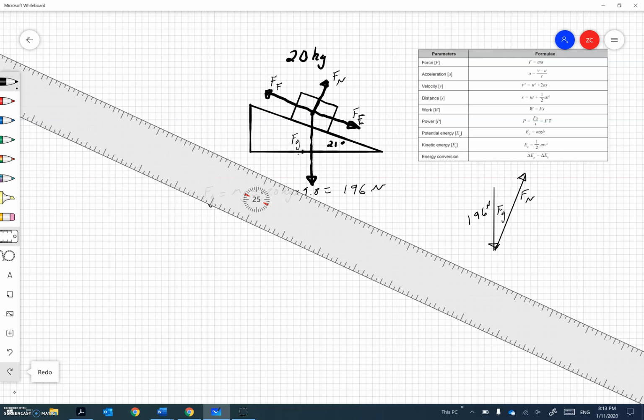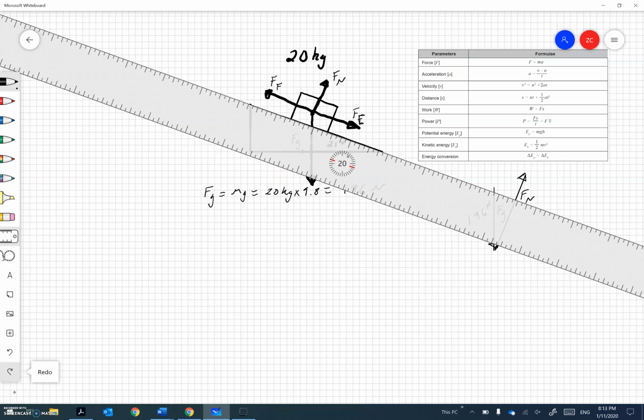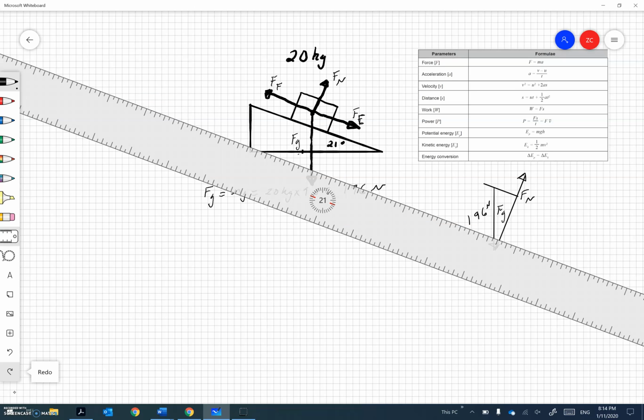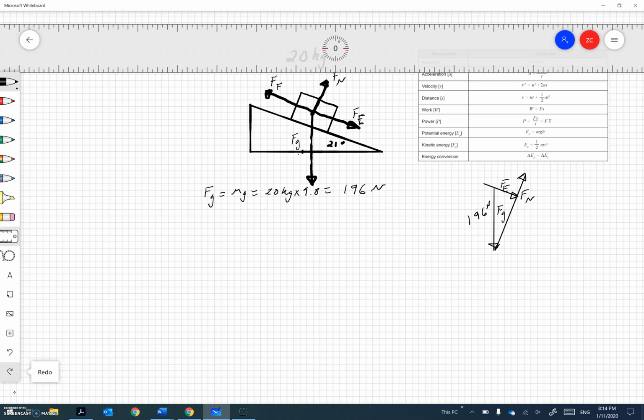And on the other hand, this is our force due to the effort. Okay. So let's determine what is the force due to the effort of this block. And we know that the angle inside here is 21 degrees.